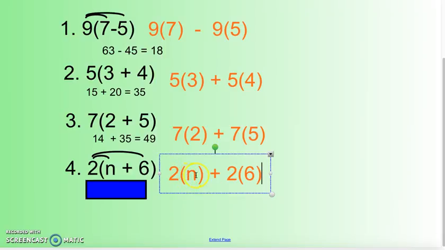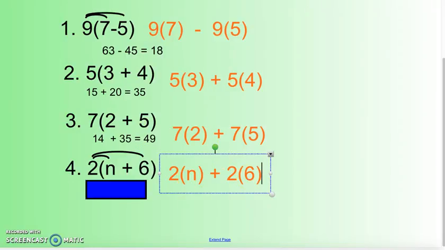Well, if we don't know what n is, can we actually multiply? Can we do 2 times n? Like, would that work if we don't know what n is? No, we can't. We actually leave it the way it is. But can we do 2 times 6? Yes.